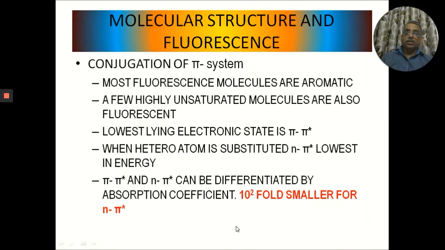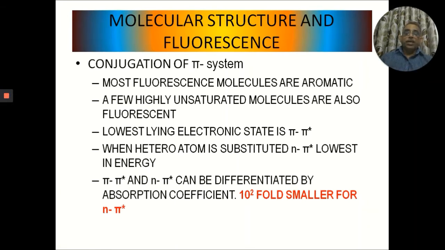You can also do a solvent effect study and try to establish which is an n to pi star and which is a pi to pi star transition. But otherwise, one can identify the transition simply by looking at the intensity of the absorption spectrum of the molecule. The higher the intensity, that is the pi to pi star orbital. The lower the intensity, it is the n to pi star orbital. It's like a first-hand rule, you can say.